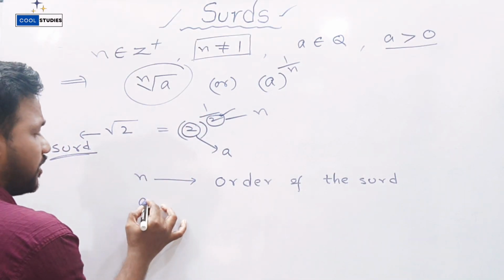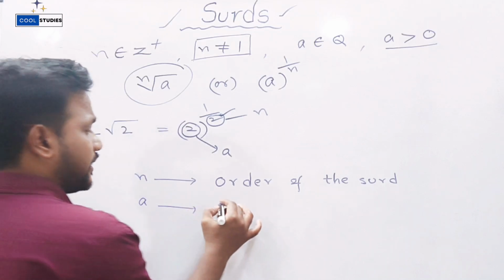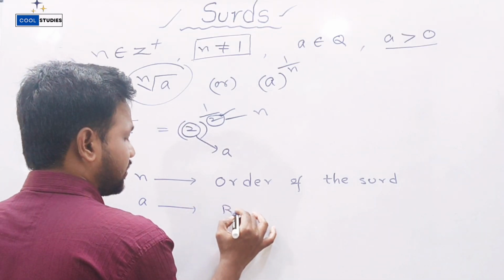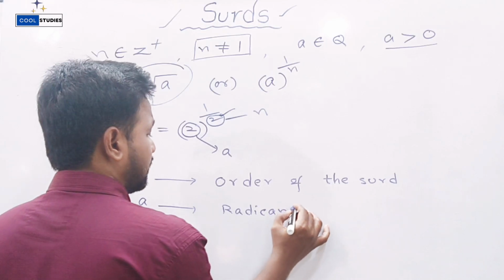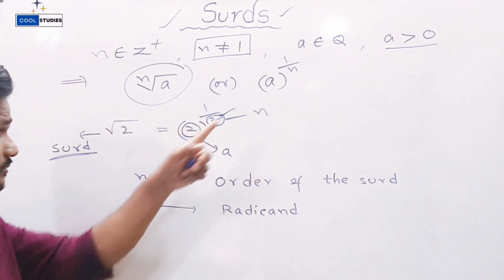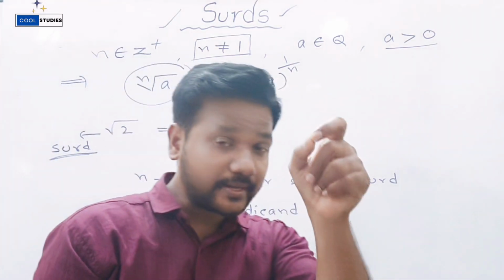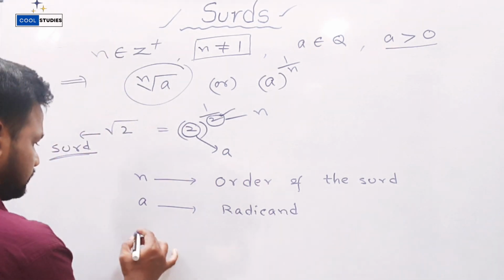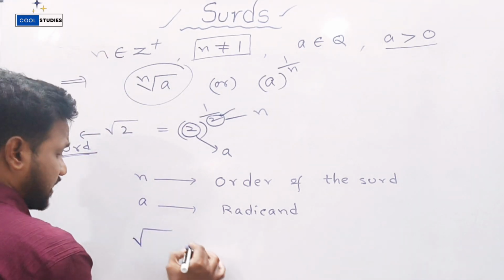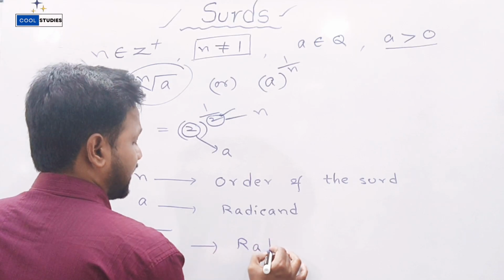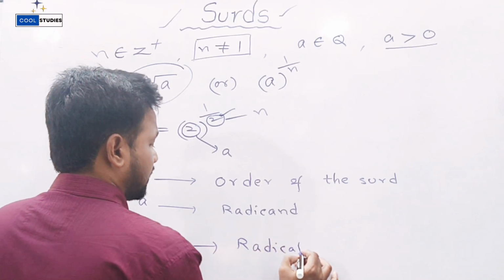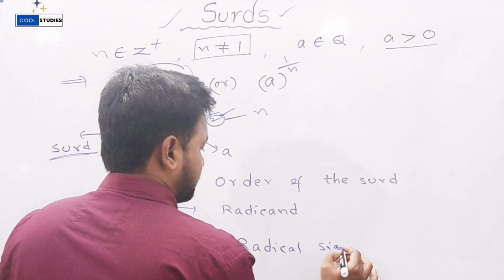Next, a. What do we call a here? a is the radicand. ఈ a ని మనం radicand అని పిలుస్తాం. ఈ సైన్ ని మనం radical sign అంటాం.